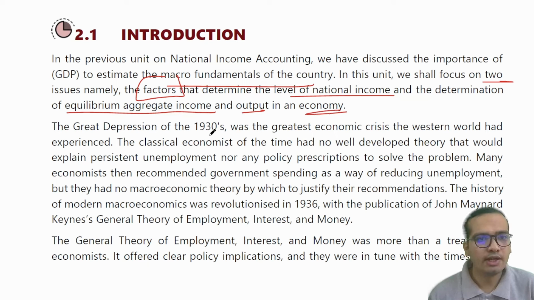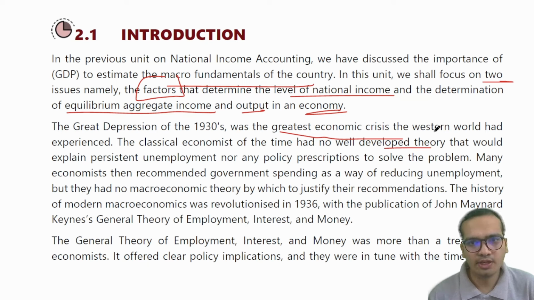The Great Depression of the 1930s was the greatest economic crisis the Western world had experienced. The classical economists of the time had no well developed theory that would explain persistent unemployment, nor any policy prescriptions to solve the problem.